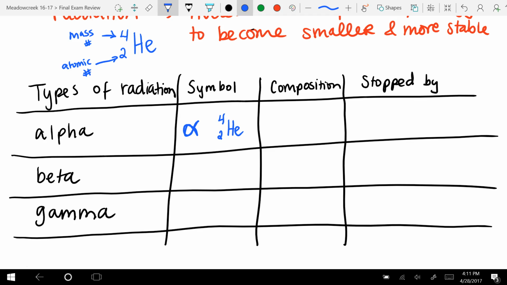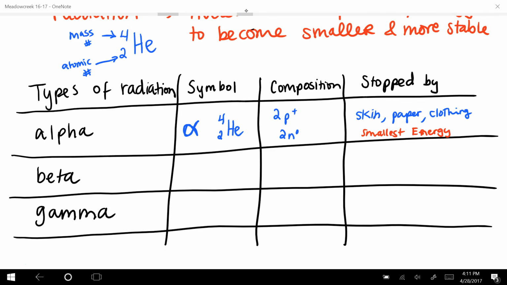It is made up of 2 protons and 2 neutrons, and it can be stopped by your skin, by paper, and by clothing. This is because it has the smallest energy. It doesn't have a lot of energy.